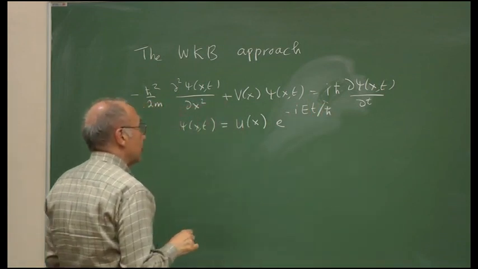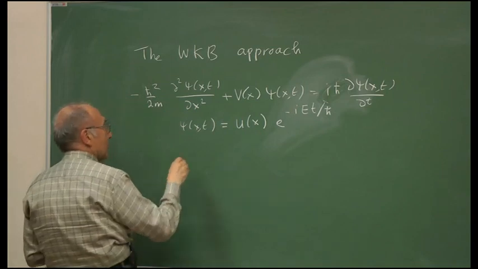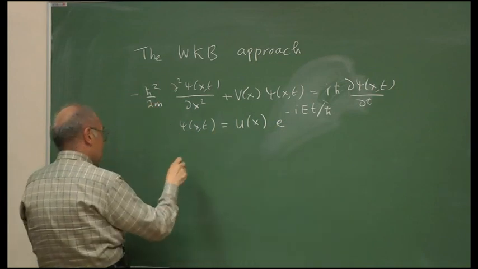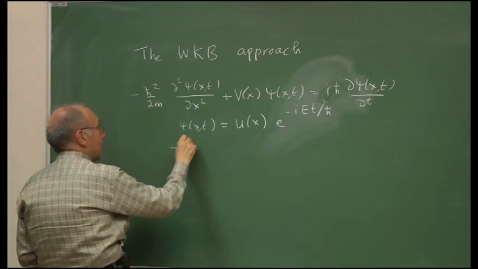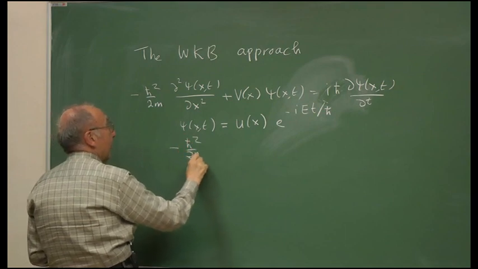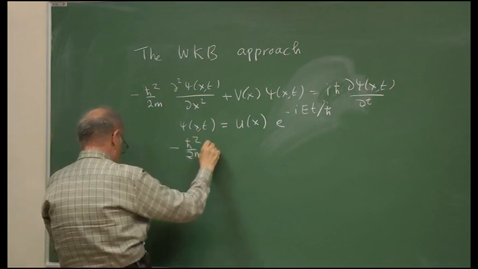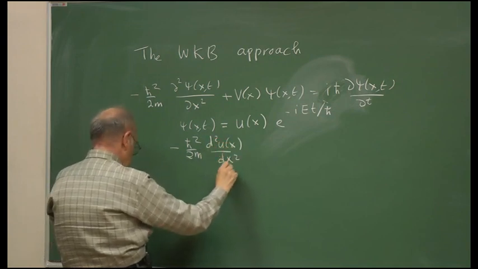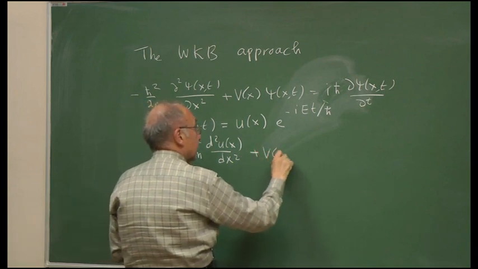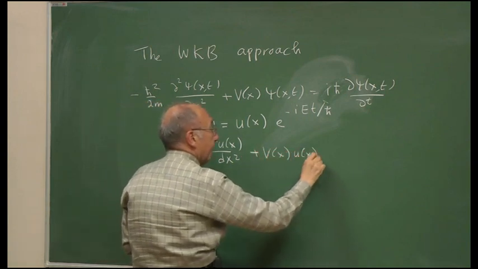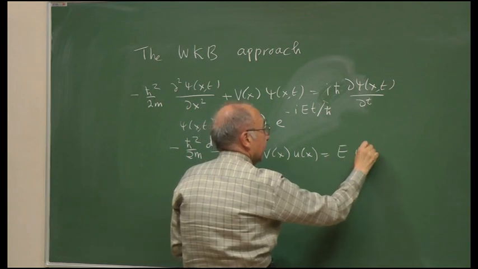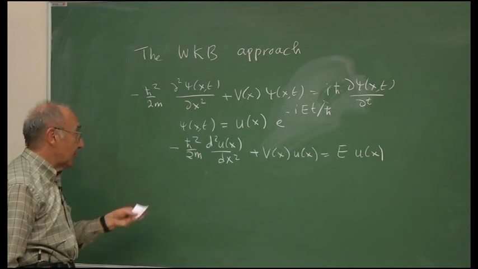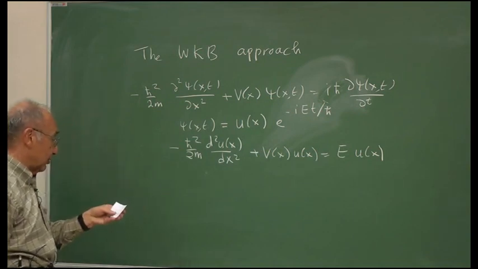And when the substitution is done, of course, we see that e to the minus iEt over h bar factorizes out, and we get the time independent Schrödinger equation. And this is going to attract our attention.